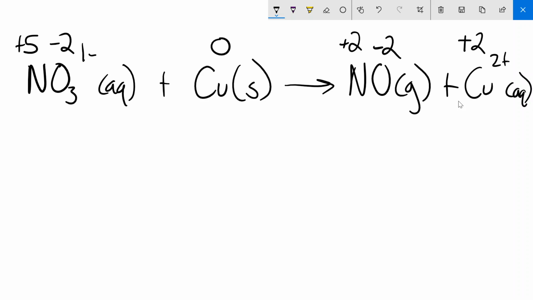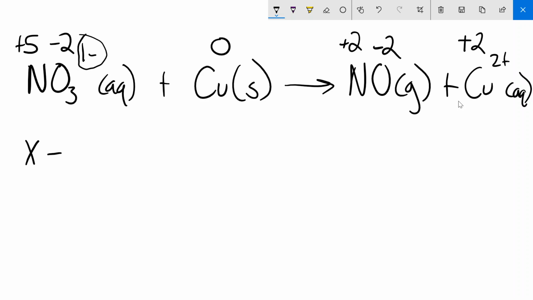Now, when I did that, some of you may think, Mr. Kenton, I get the nitrogen on the product side has a +2. How'd you get that +5 for nitrate? Just as a reminder, remember that our oxidation states should add up to equal the charge. The overall charge on this ion is 1 minus. Nitrogen was unknown, so that's an X. Oxygen's negative, so that's going to be minus.